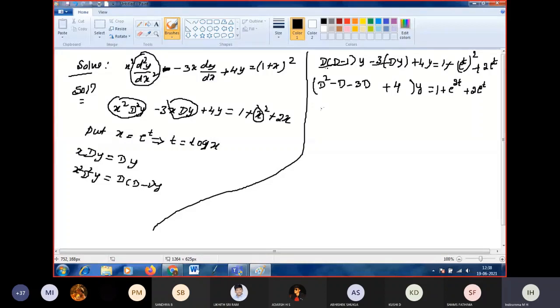Now simplify: (D square minus 4D plus 4) y is equal to 1 plus e power 2t plus 2 e power t. So it is like f of D into y is equal to, instead of phi of x, we have phi of t.